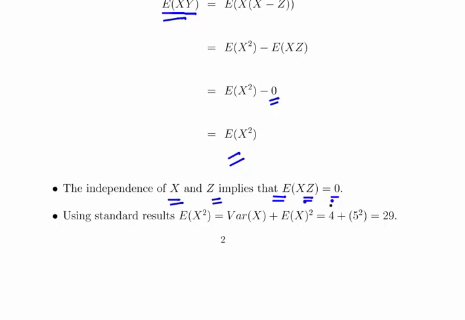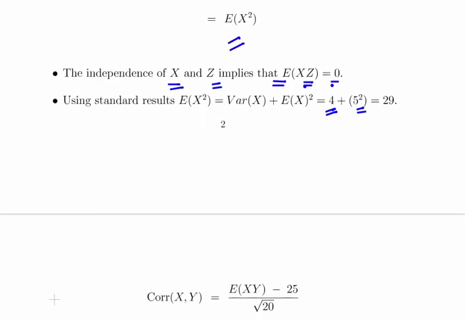So, using standard results, the expected value of x squared equals the variance of x plus the expected value of x squared, which is 4 plus 5 squared. Again, this is what we're told in the first part of the question, and that is equal to 29.